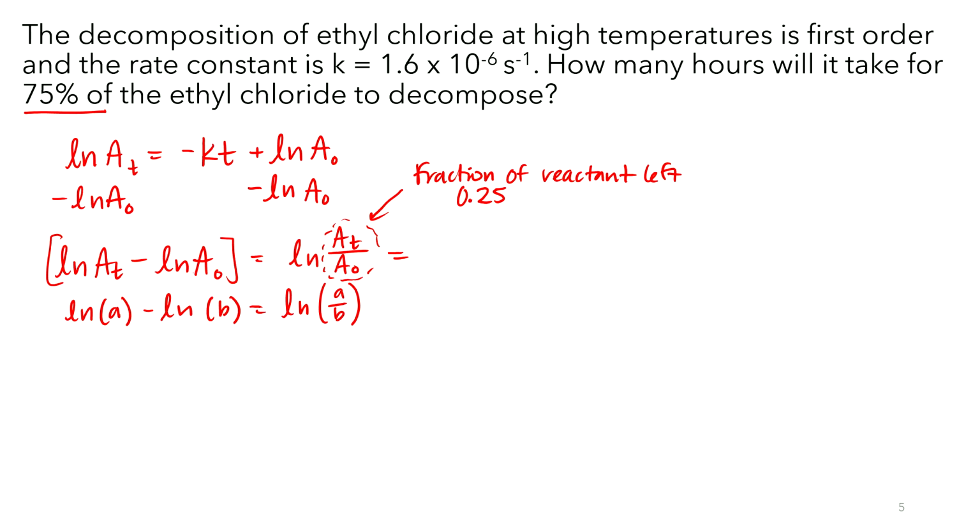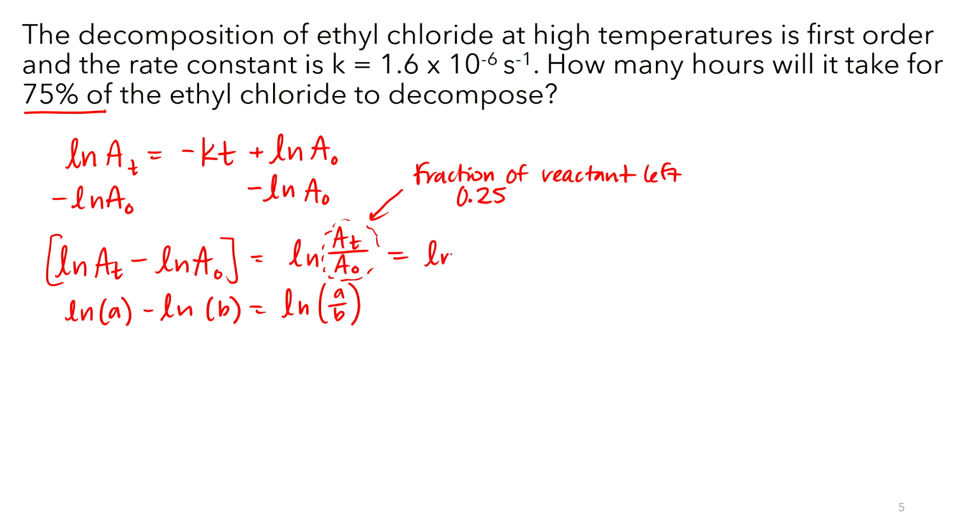So that's what I can plug in there. I can do these first order questions without exact amounts as long as I have a percent or fraction left over, okay? That's only true for first order. I can't do this type of question without exact numbers for second order, okay?